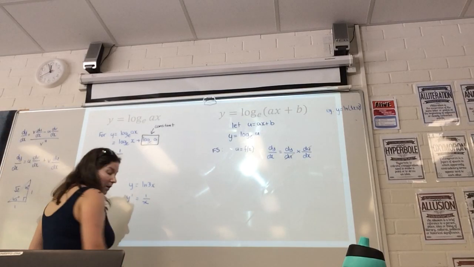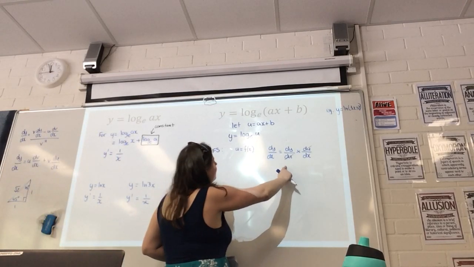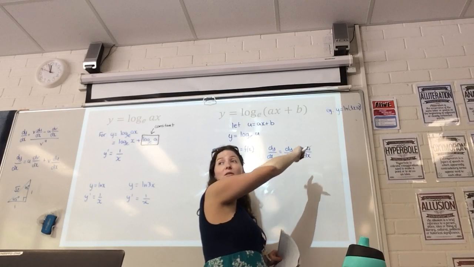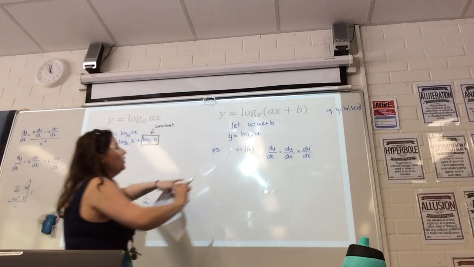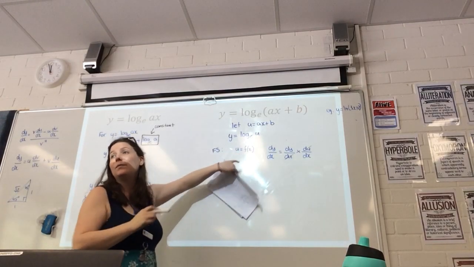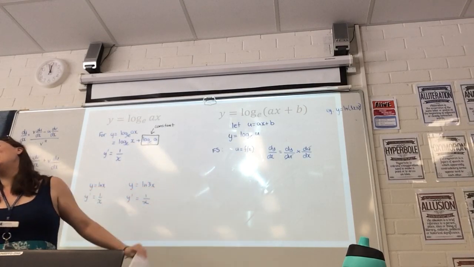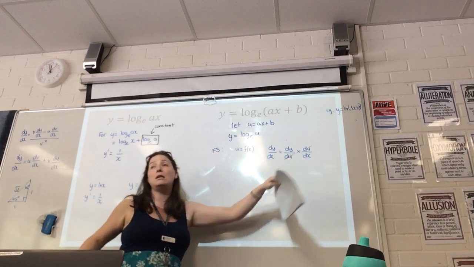So we're trying to find dy on dx, which means we need dy on du and du on dx. Yeah? To follow this formula. u is f of x, which in this case is ax plus b. Yeah? This has just come from the formula sheet. FS is formula sheet.